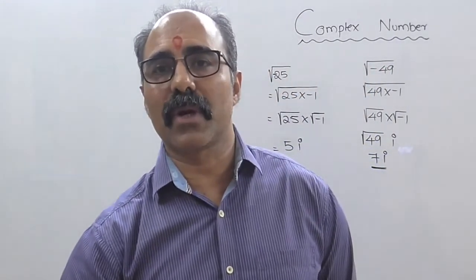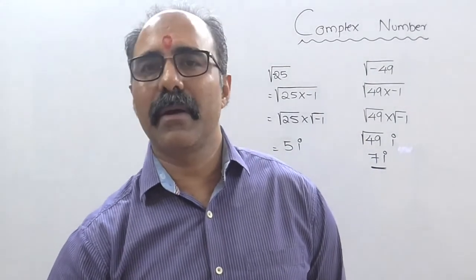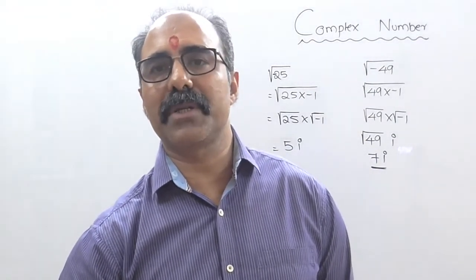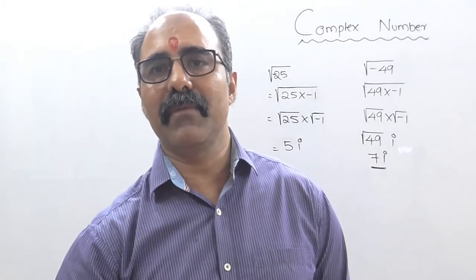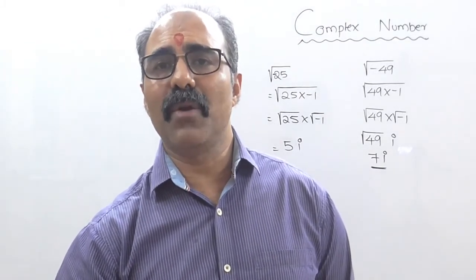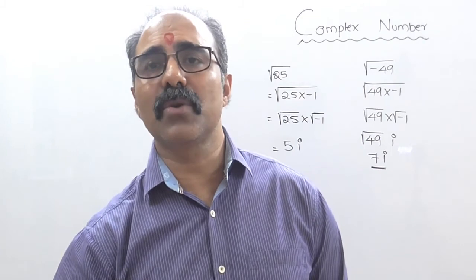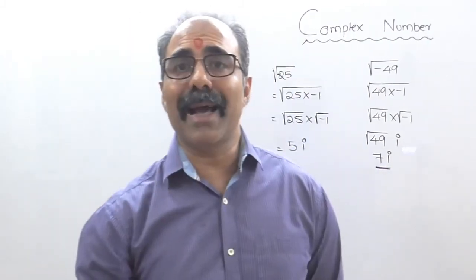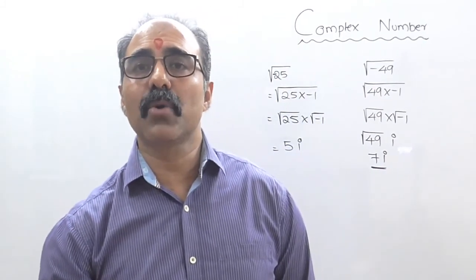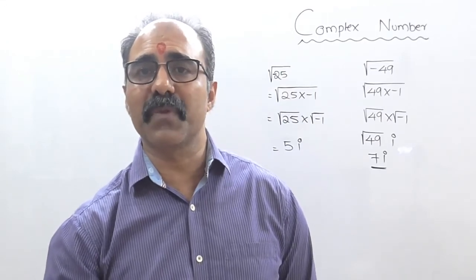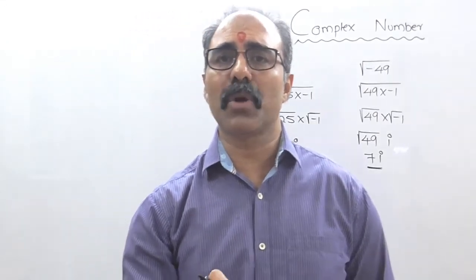So that's a special notation that has been given to the alphabet i, which is defined as iota, and the value of i has been numerically derived as root of minus 1. Whenever you see the alphabet i, you have to write it as root of minus 1 for sure.